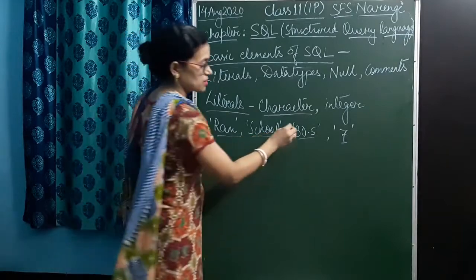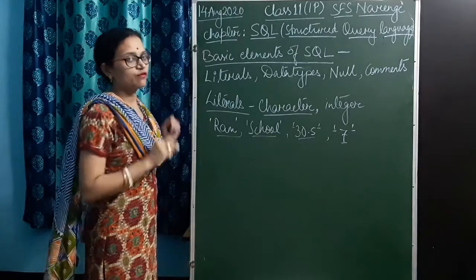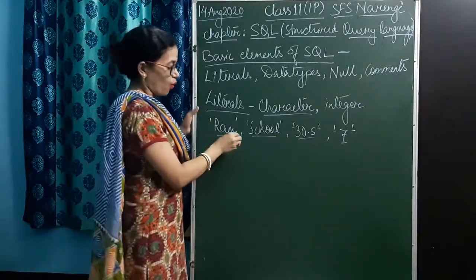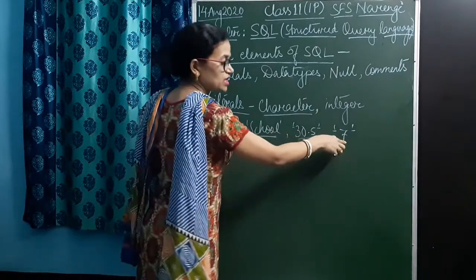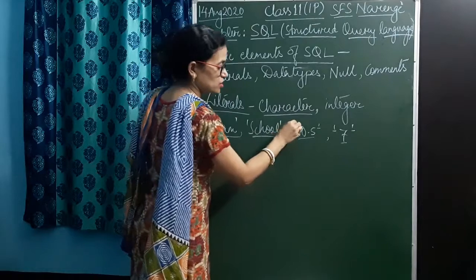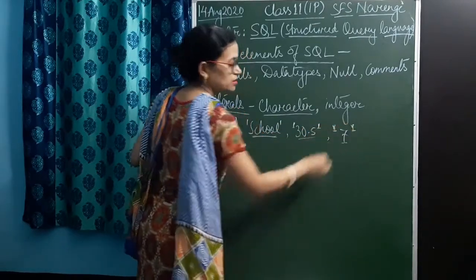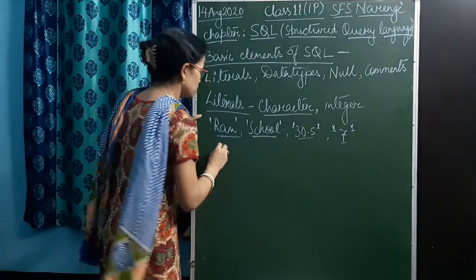Why? Because these are enclosed within single inverted commas. So whatever kind of value, whether it's a character, a decimal or an integer value, if it is within these inverted commas, it comes under character literals. Next is integer literals.